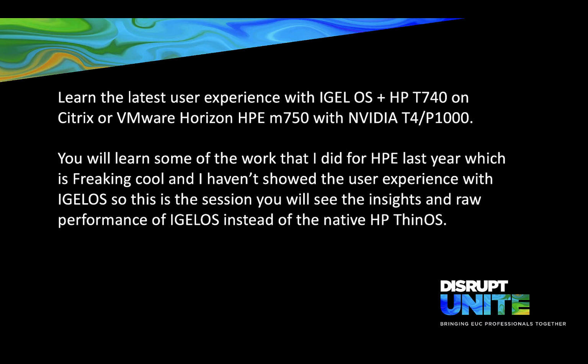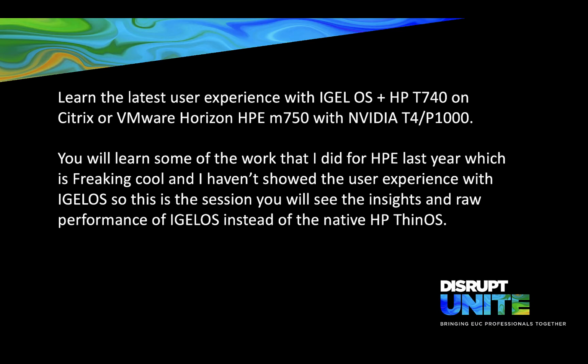I'm pretty sure that a lot of people will also emphasize that. And then how it's working with workloads in Citrix, the latest version CVAD 2012, or with VMware Horizon 2012, and then how it's running on the Edge hardware, HPE m750 cartridge, together with NVIDIA T4 or P1000.